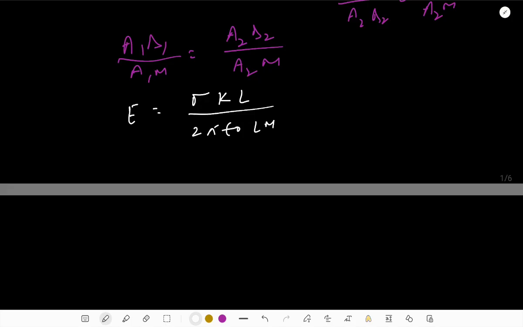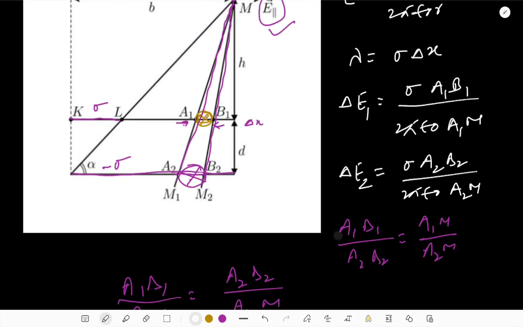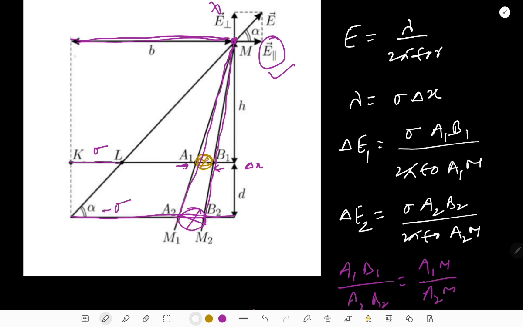If you like to calculate the length of KL from our picture, you can calculate something from not exactly symmetry, but from the similarity in these two triangles.